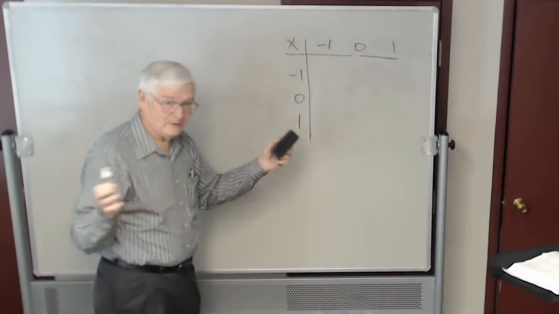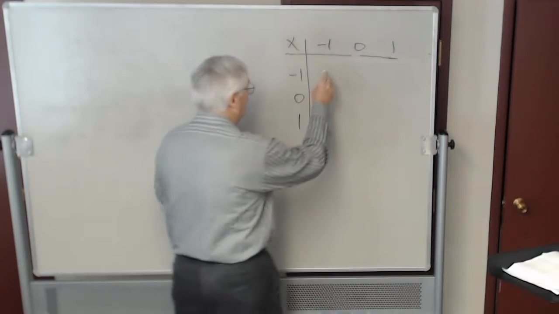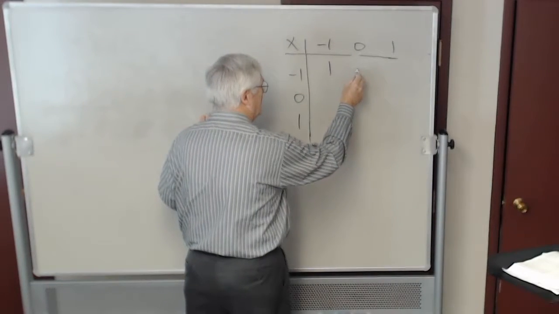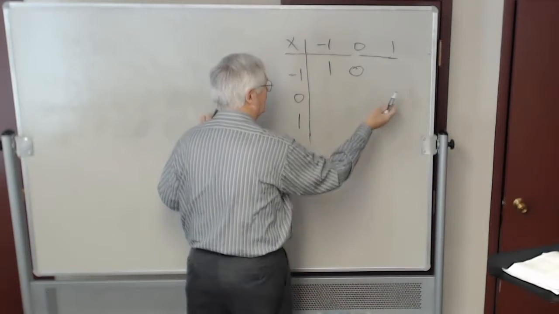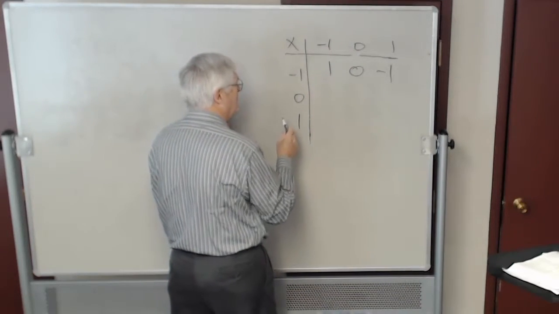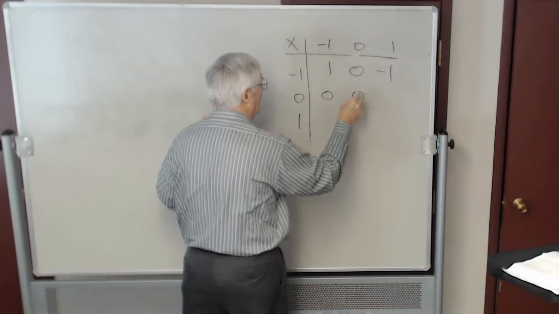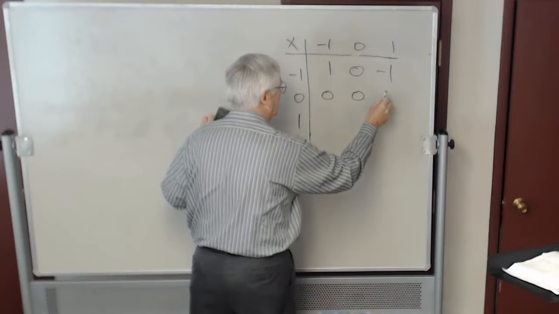This is stuff you normally do, right? What's -1 times -1? 1. What's -1 times 0? 0. What's -1 times 1? -1. What's 0 times -1? 0. What's 0 times 0? 0. What's 0 times 1? 0.